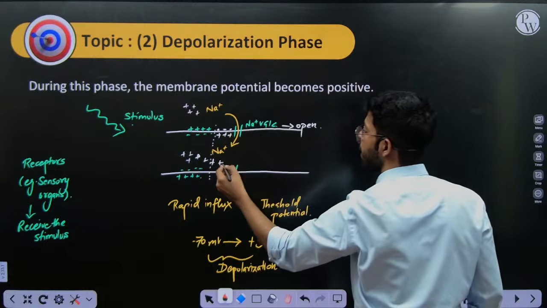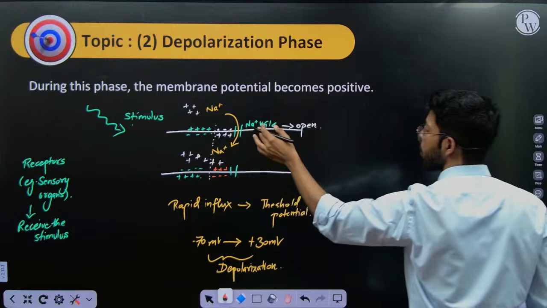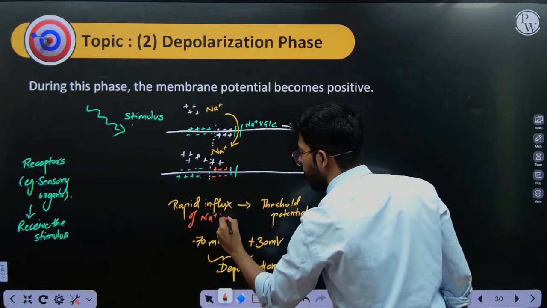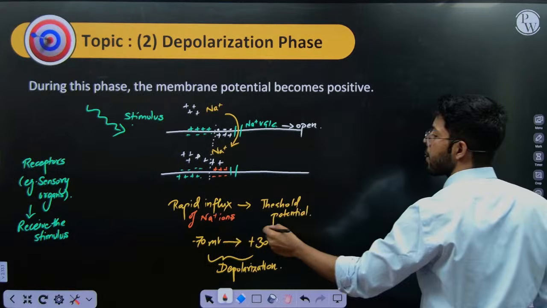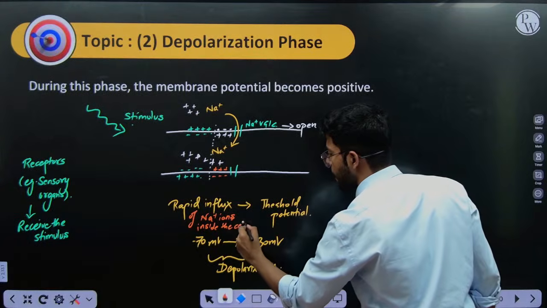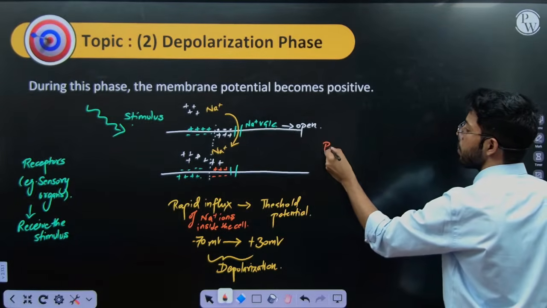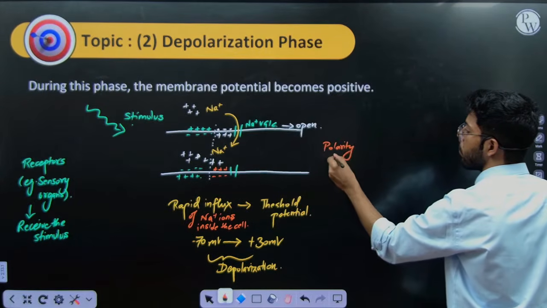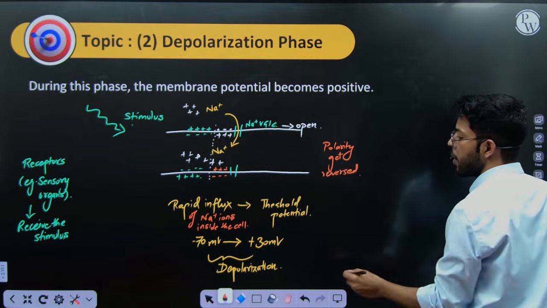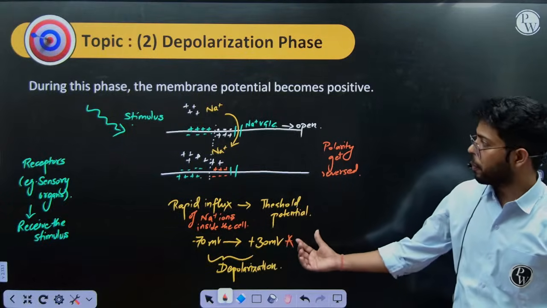So the polarity gets reversed because of the rapid influx of sodium ions inside the cell, and it will reach from minus 70 to plus 30 millivolt.